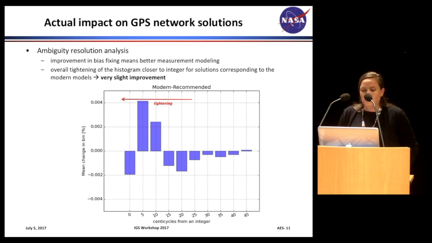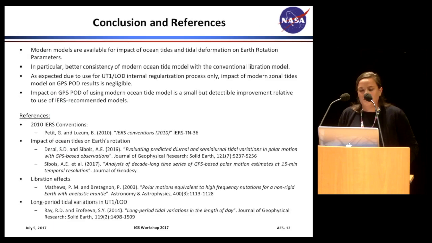So to conclude, the modern models are available for the impact of ocean tides and tidal deformations on Earth rotation parameters. In particular, we show a better consistency of the modern ocean tide model with the conventional libration model, which we had to exclude from our operational processing due to some inconsistencies before.